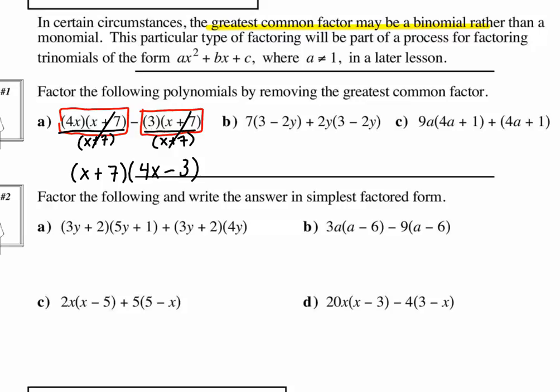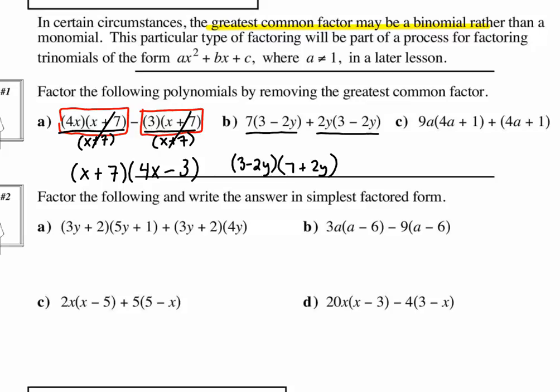Okay, so if we treat it as one term and two terms, what's in common? What's our GCF? 3 minus 2y. So that's going to be the GCF we're going to pull out and put in front. And what's left over when you factor it out? 7 plus 2y.